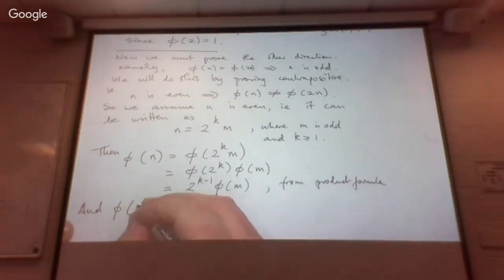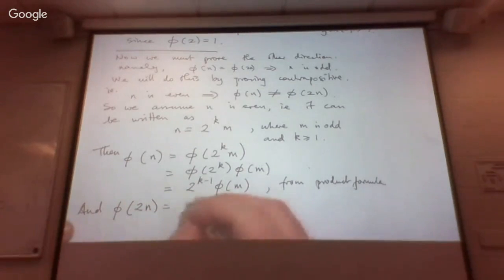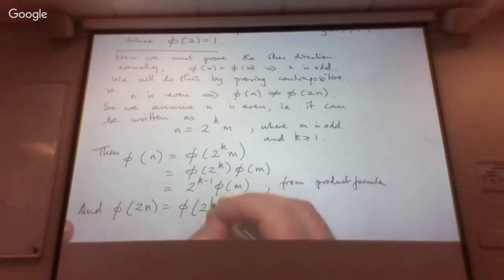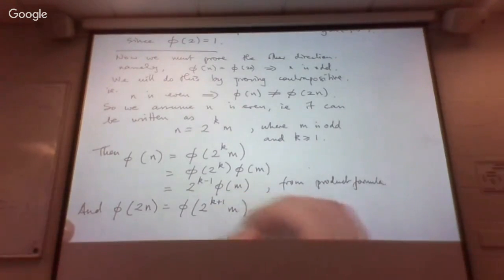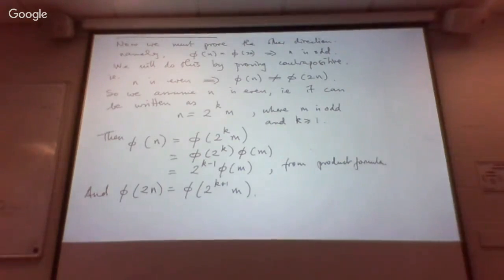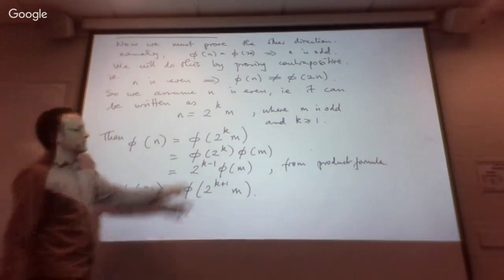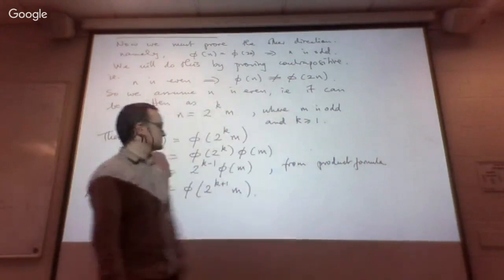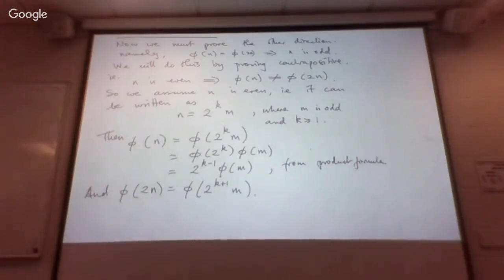phi of 2 times n, this will be phi of 2 to the k plus 1 times m. Remember n, we're assuming is 2 to the k times m, so if we're considering phi of 2 times n, remember we're trying to demonstrate that this equation is false. We're considering phi of 2 times n, so that bumps up the power of 2 by 1, yeah? So it's now 2 to the k plus 1 times m.